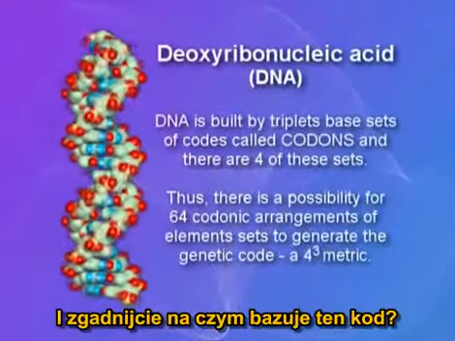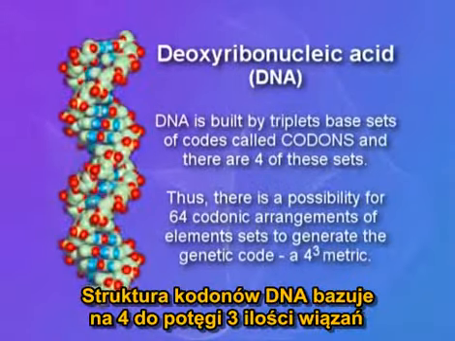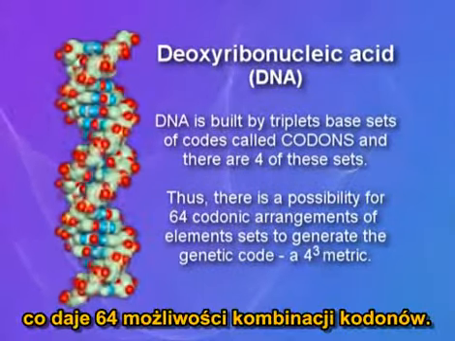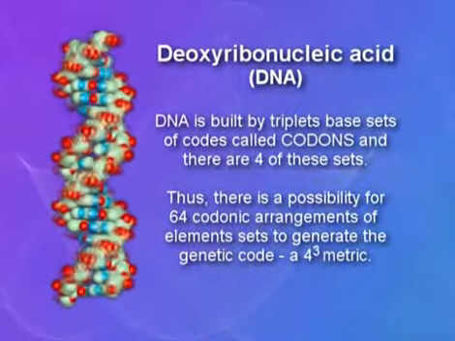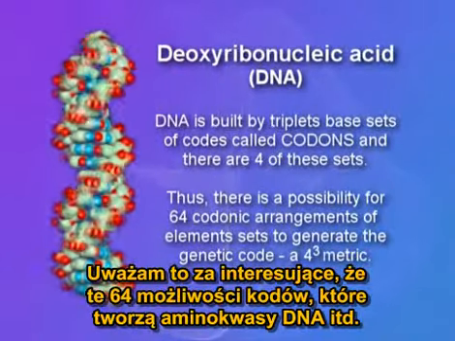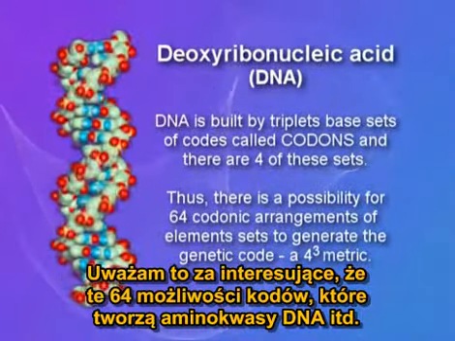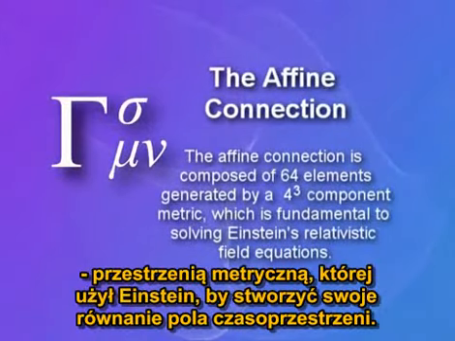And guess what that code is based on? The codon structure of DNA is based on a 4 to the third relationship, which is 64 codon possibilities of combination. I find it interesting that these 64 possibility codes that generate the amino acids of DNA match what we call the affine connection metrical space that Einstein used to produce his field equation, the space-time manifold.